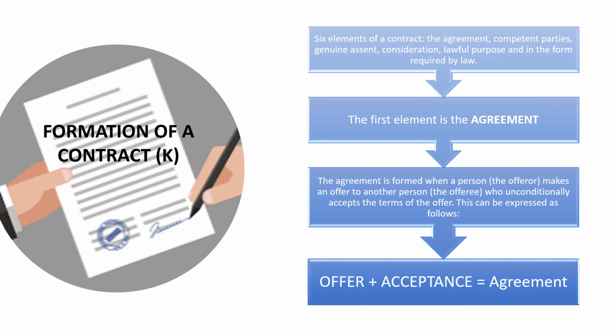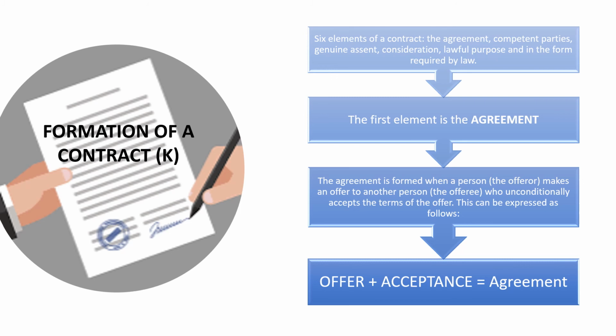You hear those terms and think, okay, that's a great deal. So you accept them. The person making you the offer, I will sell you my textbook for $50, is the offeror. The person who has received the offer is the offeree.